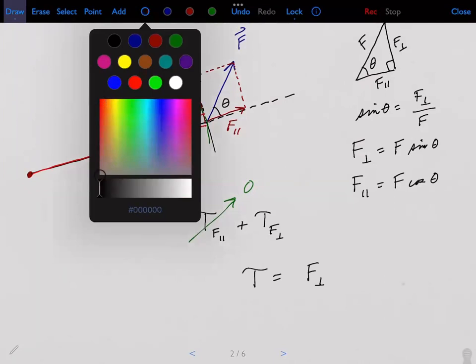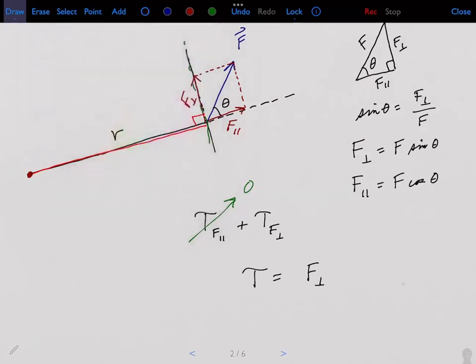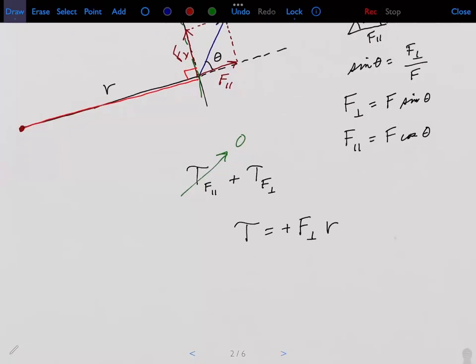So that's the entire distance R. So this is going to be F perpendicular times R. And again, it would cause it to rotate counterclockwise, so it's going to be positive. But remember, F perpendicular, we just found over here, is F sine theta. So this torque is equal to plus F sine theta times R.